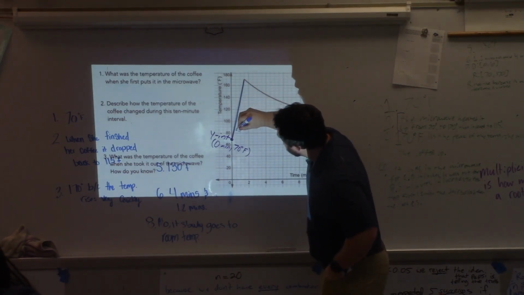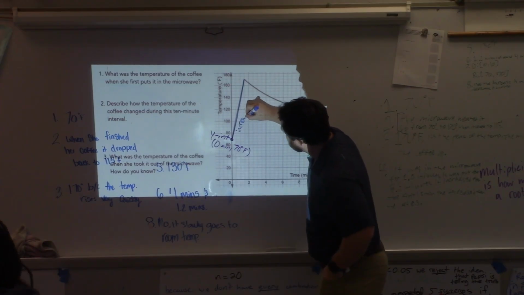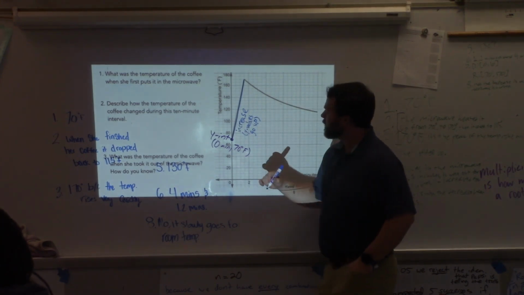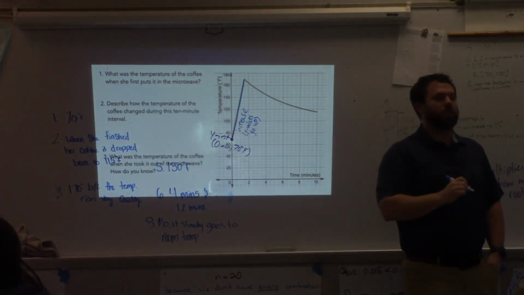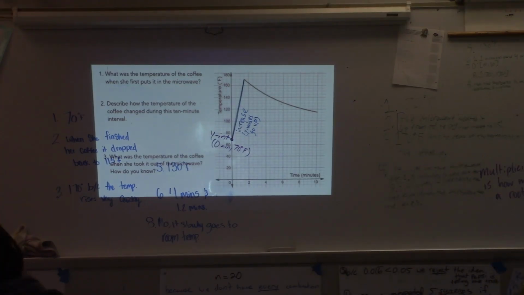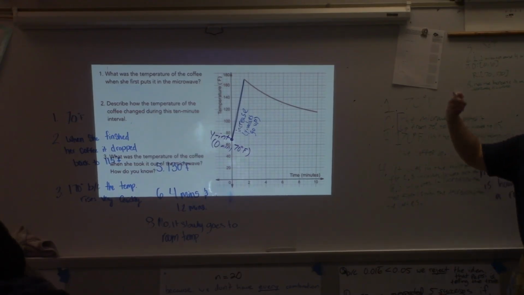So this is what we would call an increase, meaning the y values go up. So highlight your increase there. You said we need 3 colors. Yeah, we're going to use other colors for other stuff. So it's increasing. The y value is literally going up.